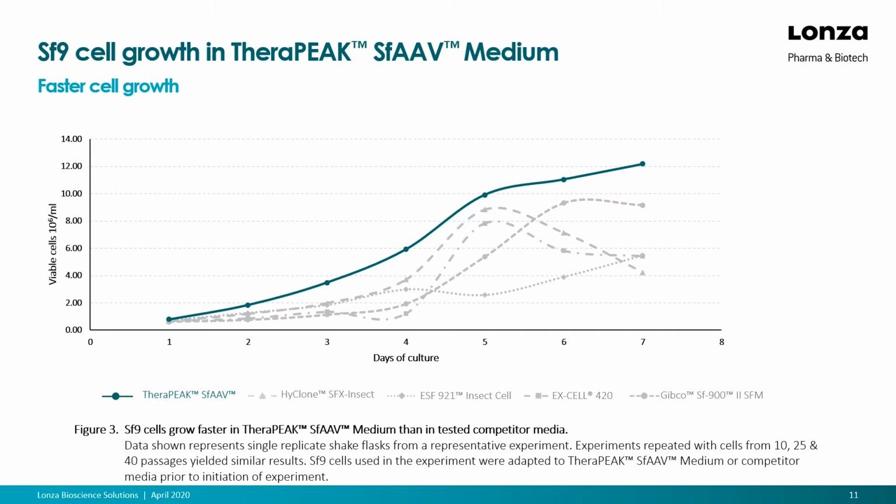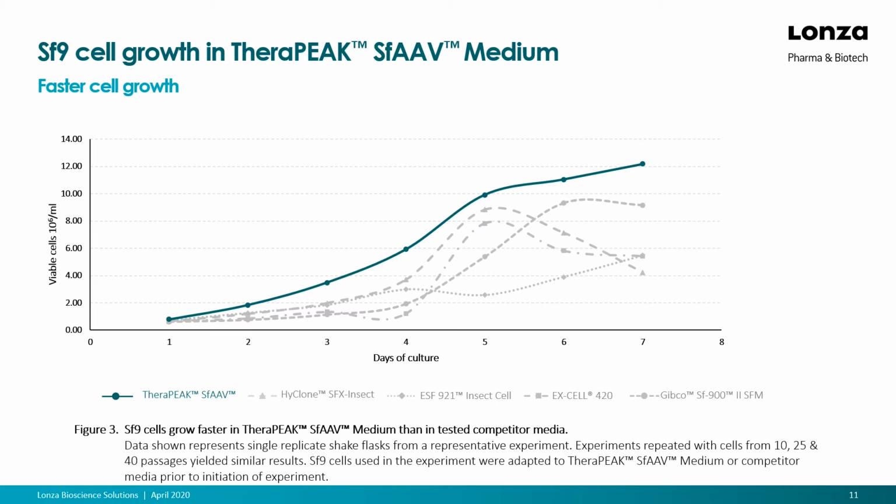You can see here the growth of SF9 cells from seeding at 0.5 million cells per ml throughout day 7 of culture. Most significantly, SF9 cells in TheraPEAK SfAAV grow faster and reach a higher cell density, 12 million cells per ml, than other media tested.